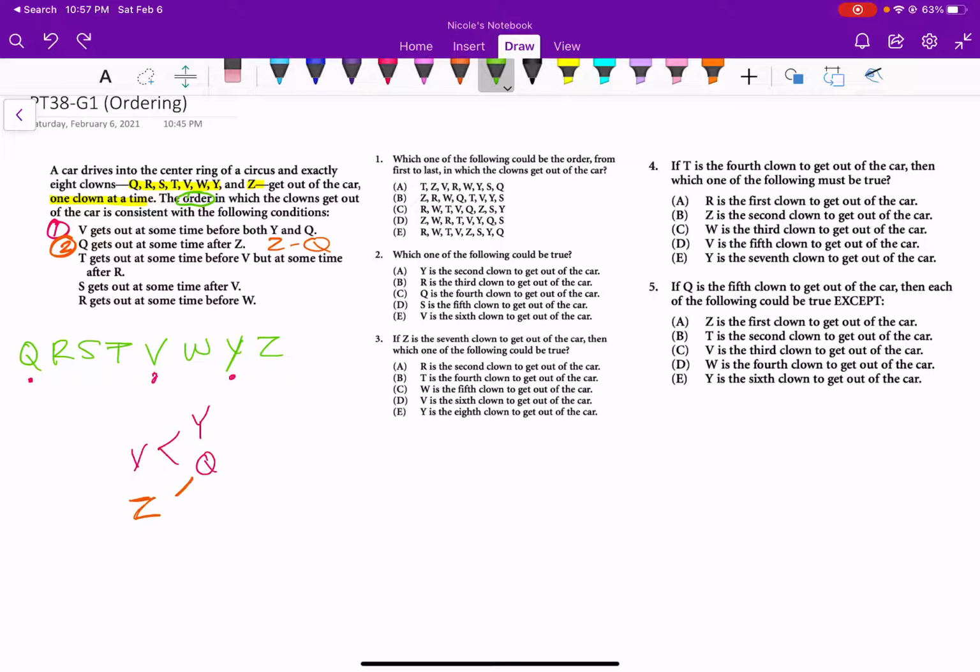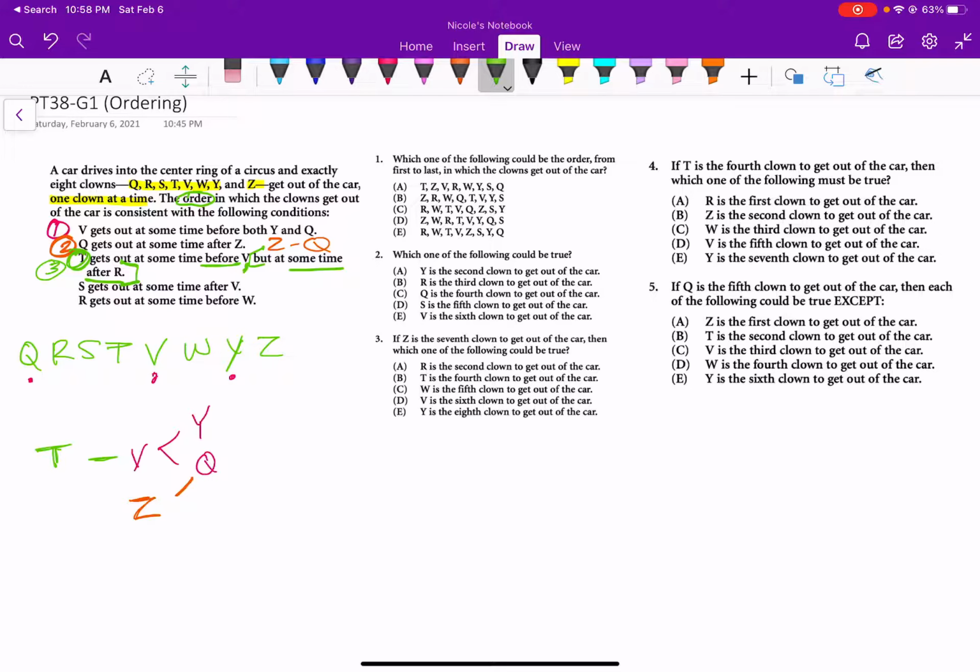All right, rule number 3. T gets out at some time before V, but at some time after R. So it's important here that it's almost like there's a comma, just for our reading. We're saying that T gets out before V, but we're also saying T gets out sometime after R. So both of these statements are in reference to T. So T gets out sometime before V. So I'm going to come down here and put that.